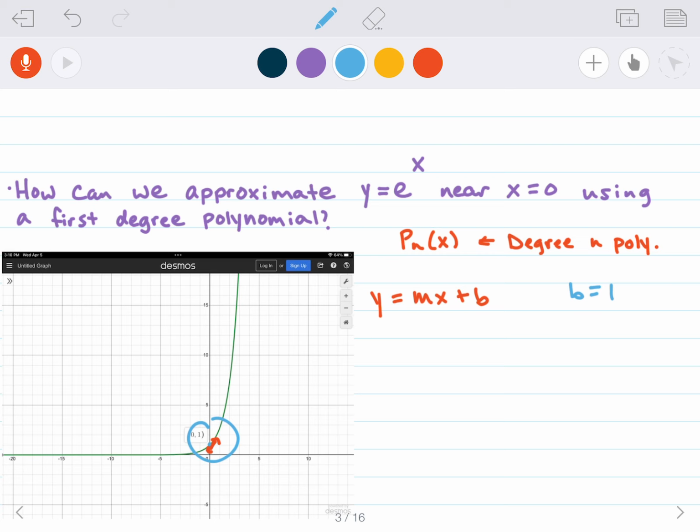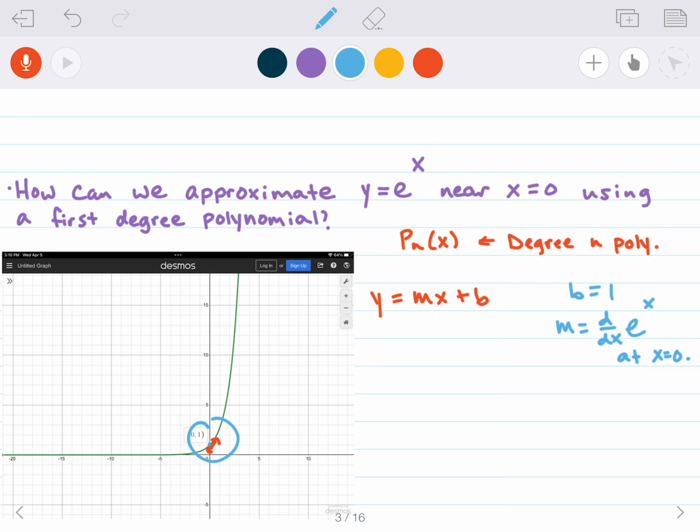And m, well, remember last semester when we talked about slopes of tangent lines? That was the derivative of the function at a point. So in our case, m is just going to be the derivative of e to the x at x equals 0. All right.